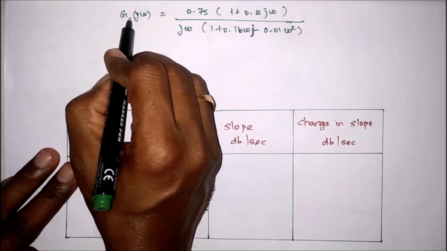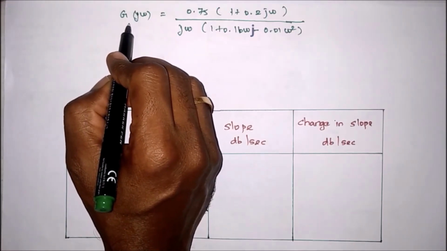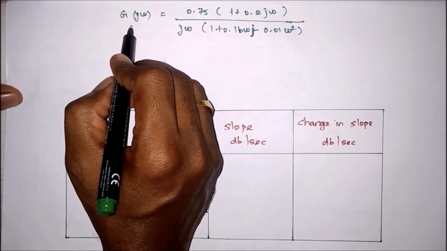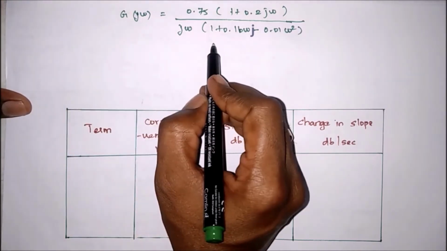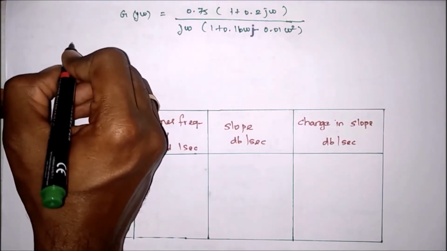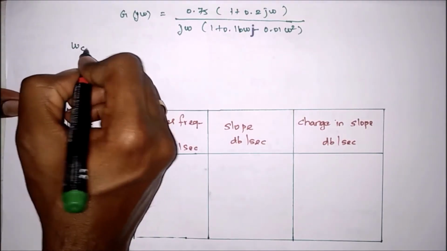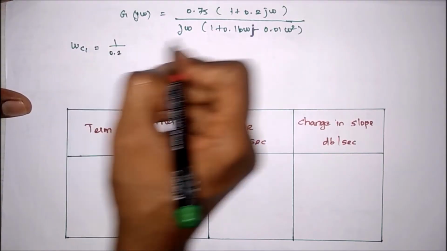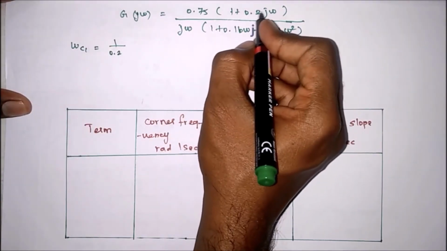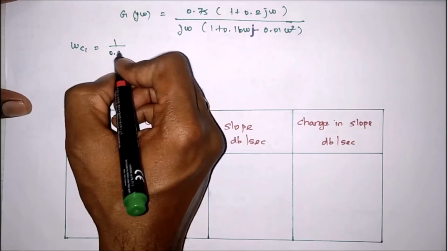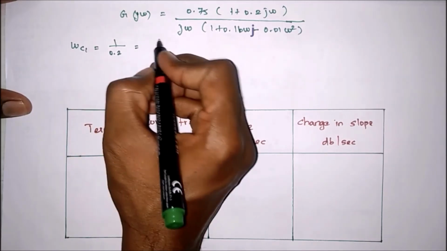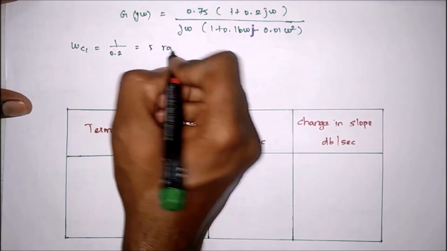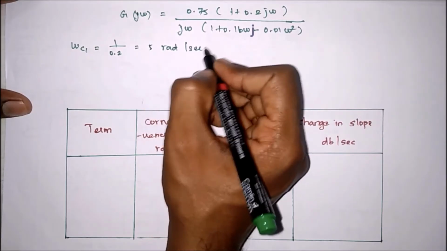From G(jω), we have to find the corner frequencies. Here the first is 0.2, so ωc1 equals 1 divided by the coefficient of the first term, 1/0.2, which is 5 radian per second.